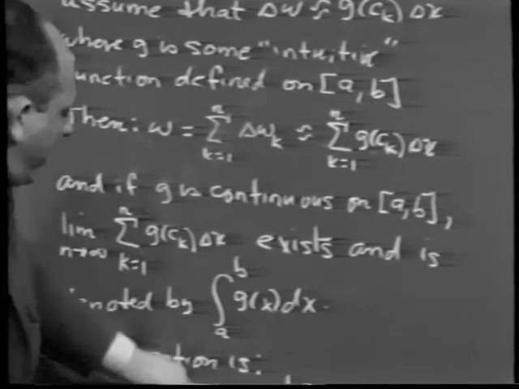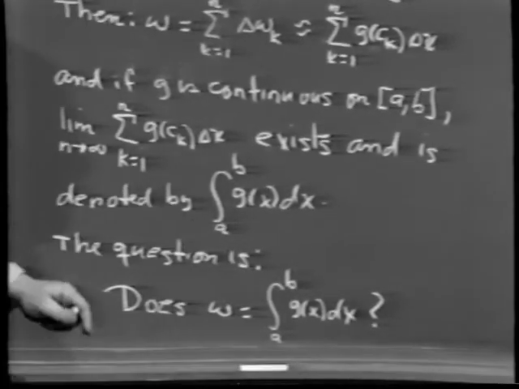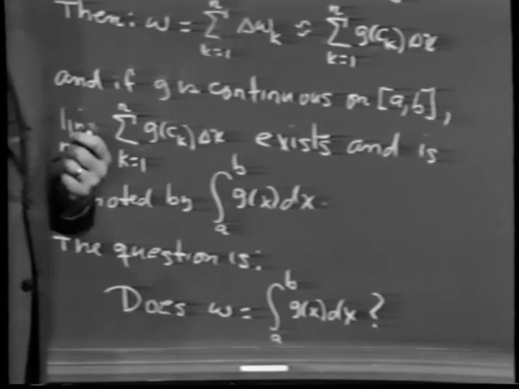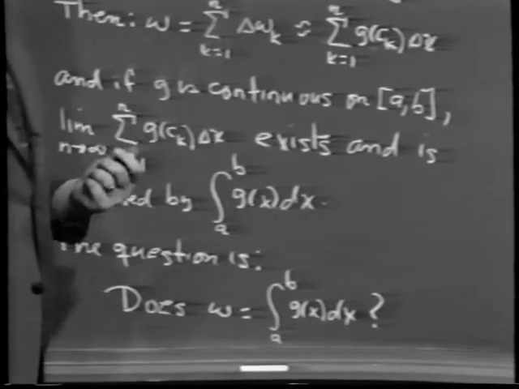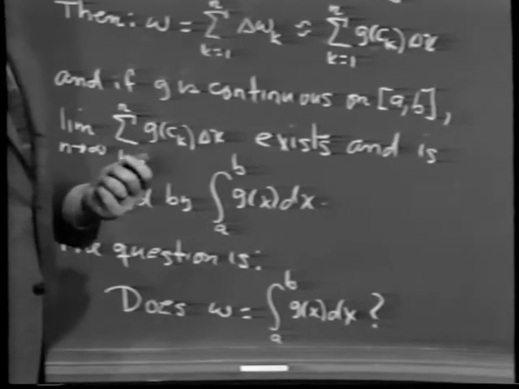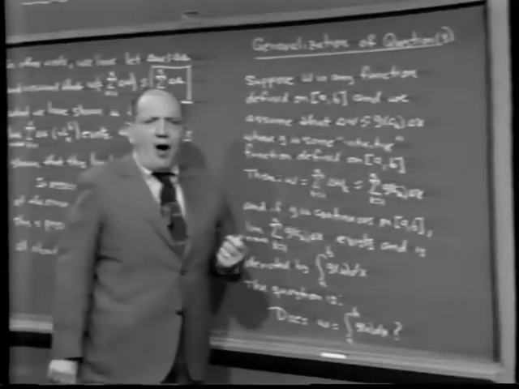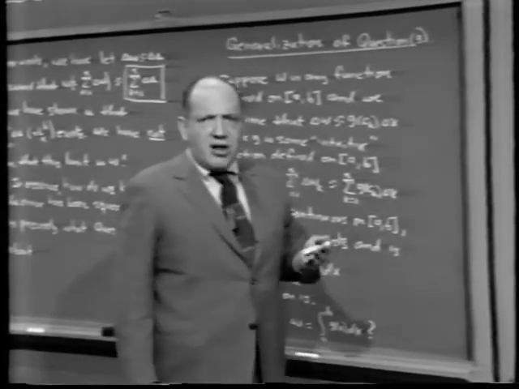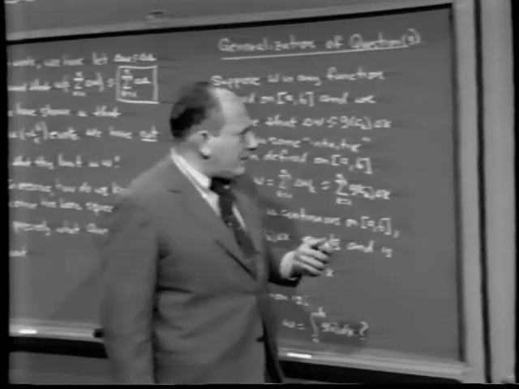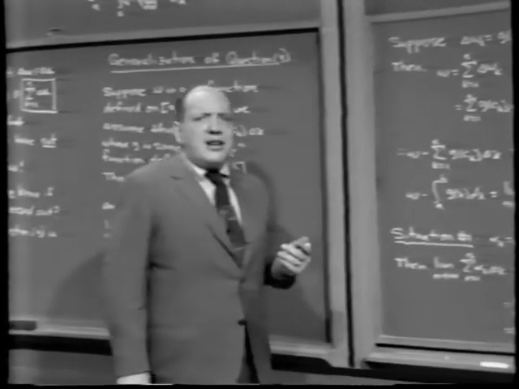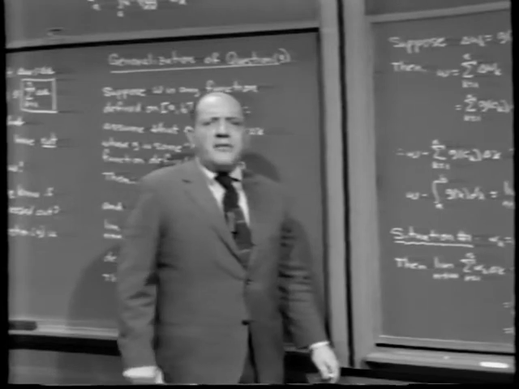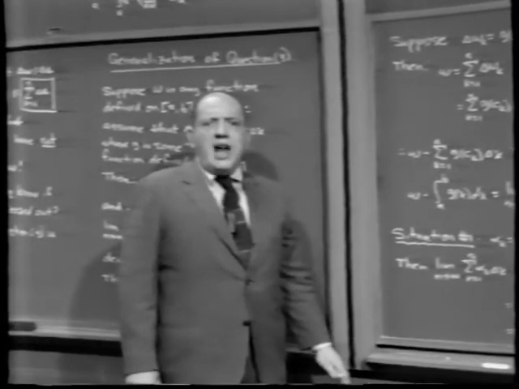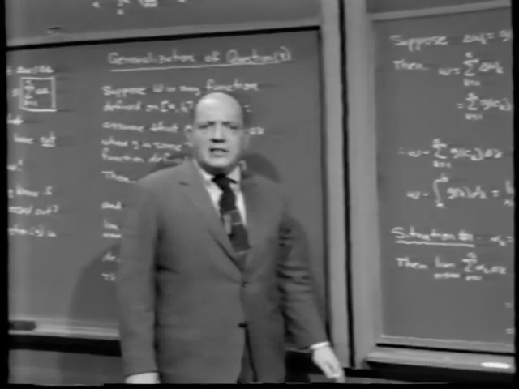In other words, is W equal to the integral from a to b of g of x dx? That's what the remainder of today's lesson is about as far as arc length is concerned. I'm going to solve this problem in general first and then make some applications to arc length itself. And by the way, what we're going to see next is, you may remember that very early in our course, we came to grips with something called infinitesimals.